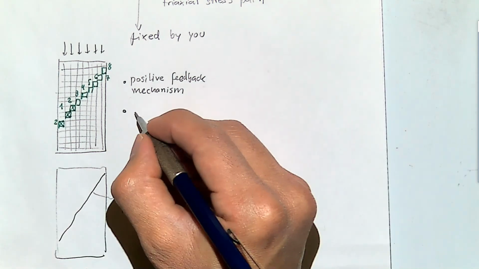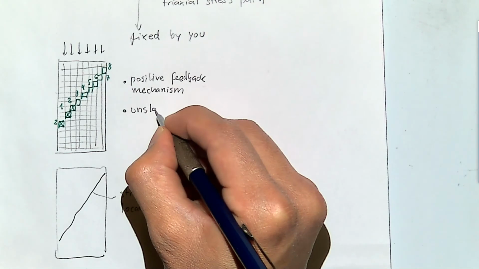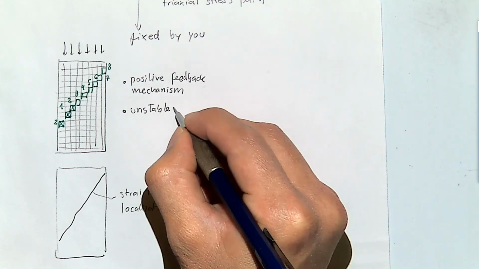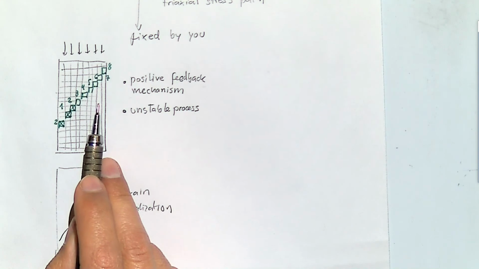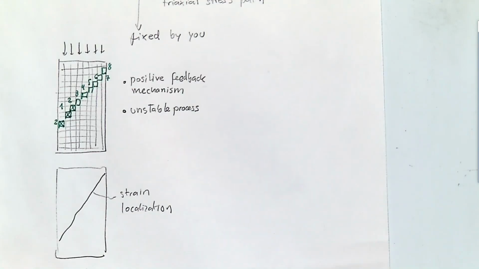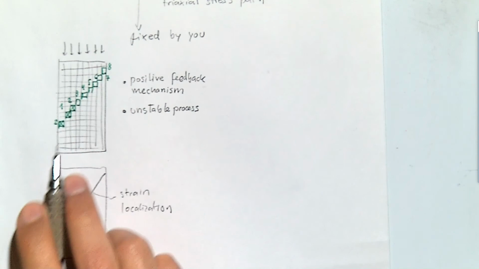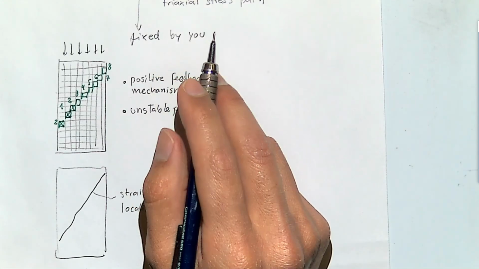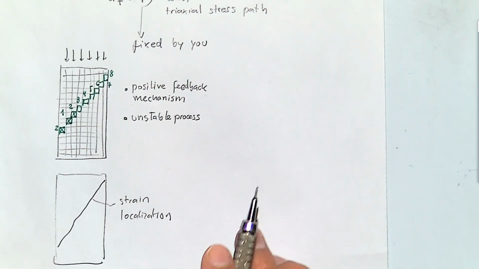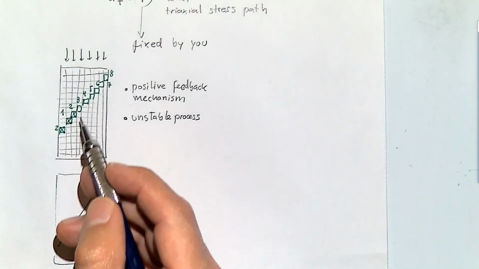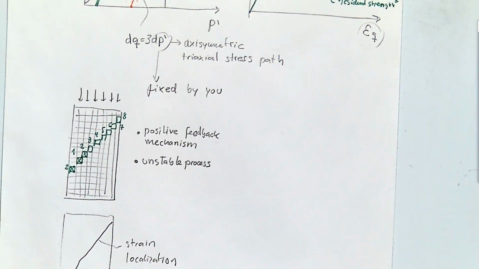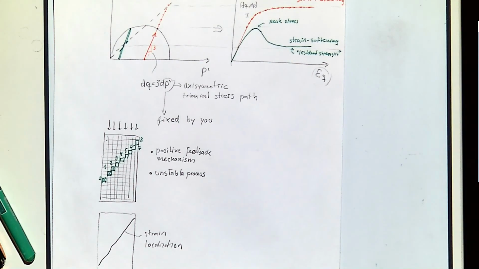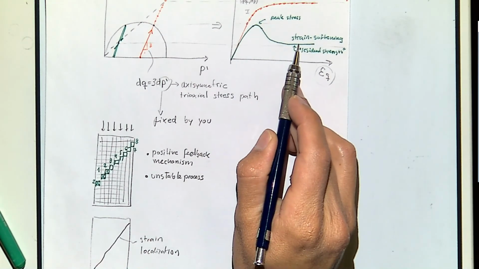One more thing here is that this is an unstable process, meaning that when you get to the peak, there's no way to get back, because this fracture is going to propagate very quickly, and you will never be able to recover that failure or recover that surface. Of course, it's a plastic deformation, so you cannot recover it, but it's just going to roll down this strain curve.